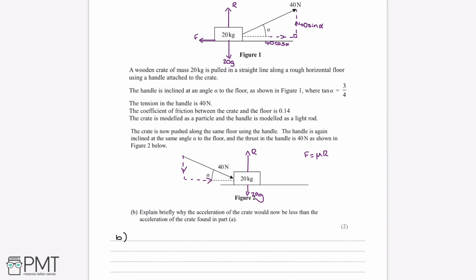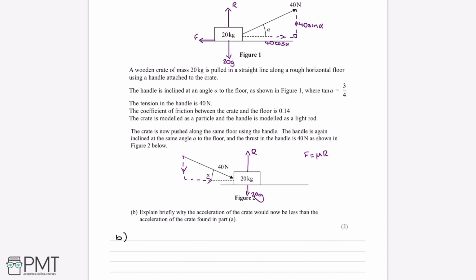Now if we think back again to part A, the formula we used to find the acceleration was the horizontal component of the thrust, in this case tension in part A, take away the frictional force, is equal to 20 times the acceleration. So we were taking away the frictional force from the horizontal component.